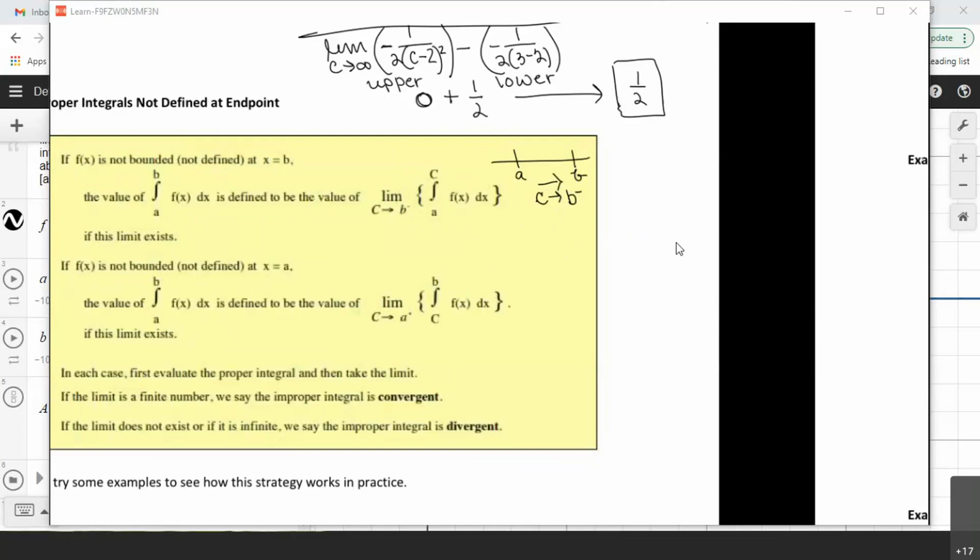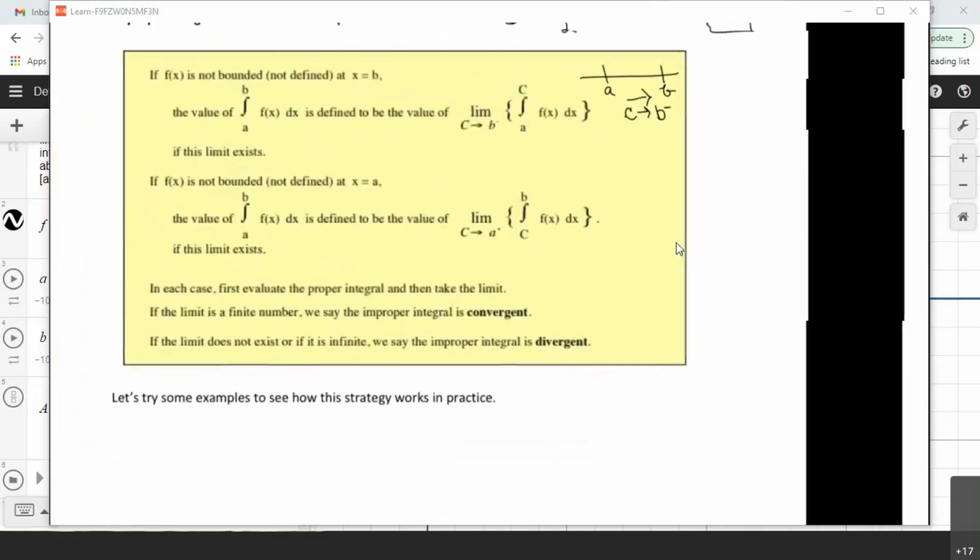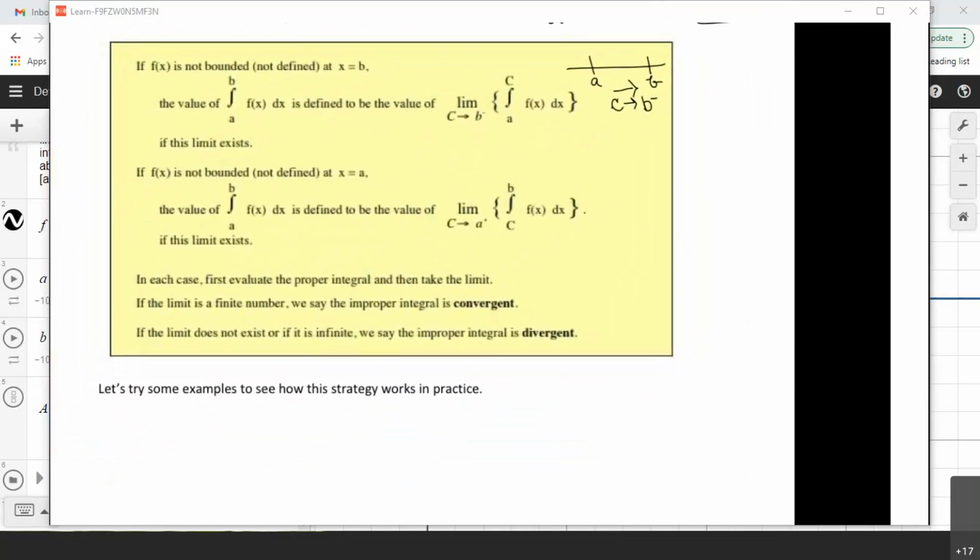Likewise, if you have a problem with your lower bound, here's A and here's B. Say the integral isn't defined at the lower bound A, you have to approach that from the right. So you have to take the limit as C approaches A from the right. Basically you're staying within your interval, and you approach the endpoints from whichever direction makes sense.